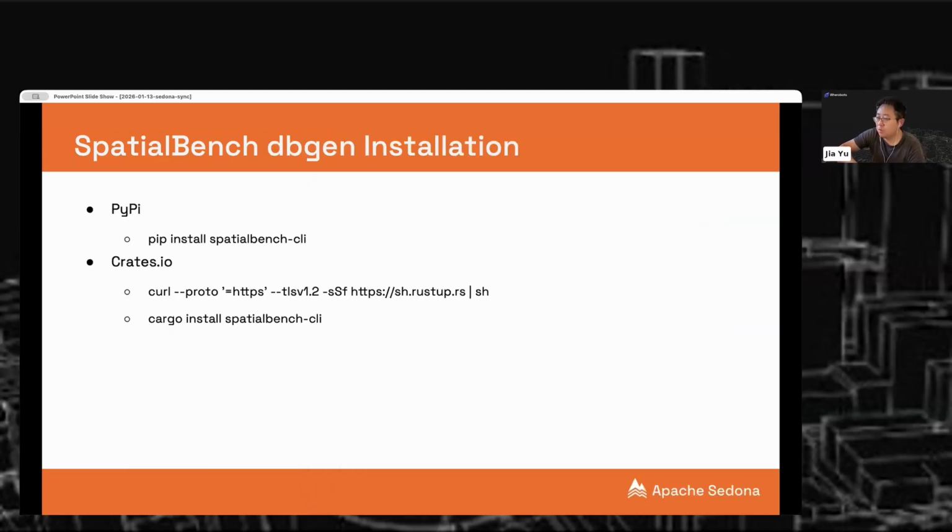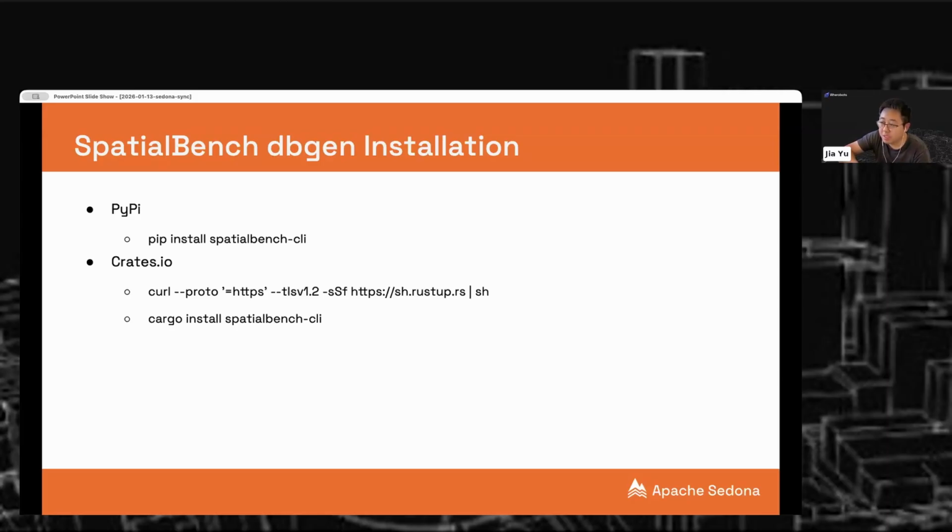So we recently published SpatialBench 0.1 release to both PyPI and quay.io. In particular, this is the SpatialBench data DBGen, which is the data generator. So the query is already published on SpatialBench website and GitHub repository. But the DBGen, the data generator, is a real program, right?